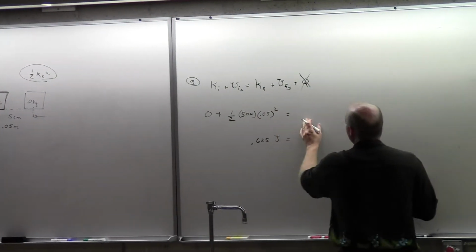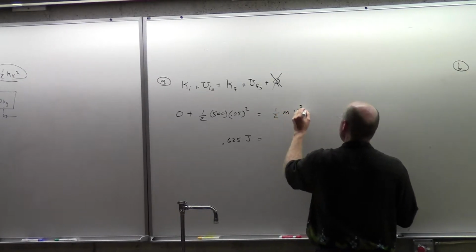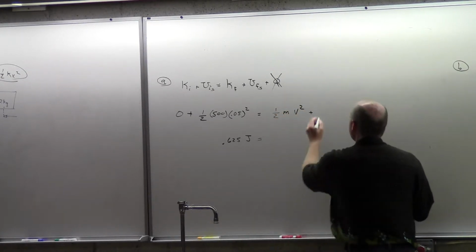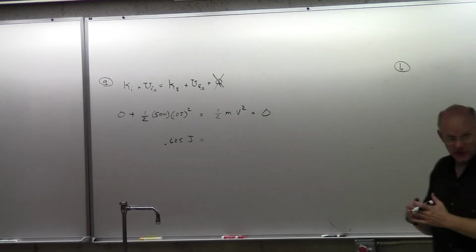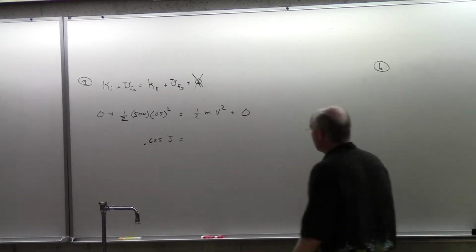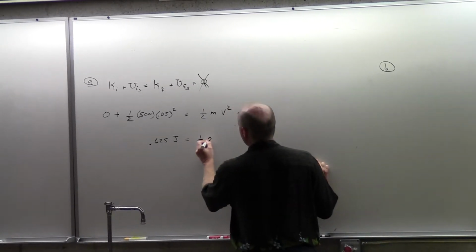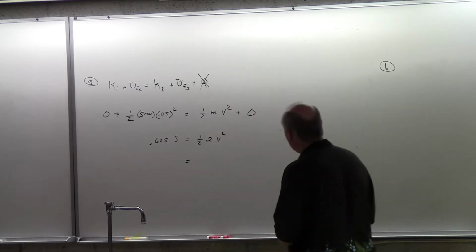So when it gets back to its center location, it is going to have a speed. And how much potential energy is it going to have? 0, because it's back at its equilibrium, its natural length. And so then I can put in my numbers. This is a 1/2, this is a 2, this is a v squared.